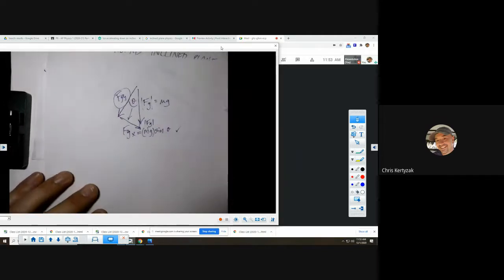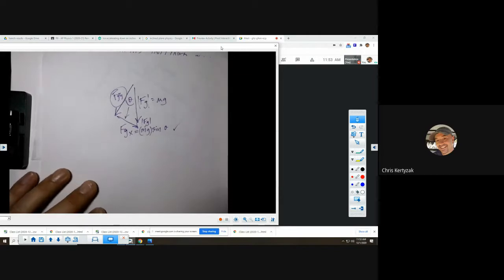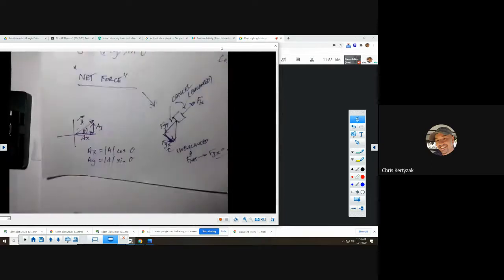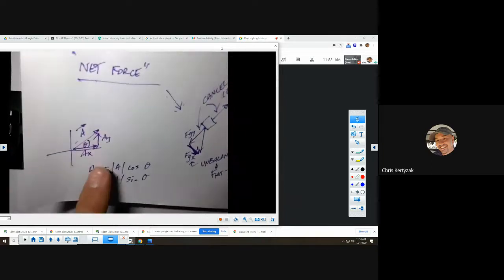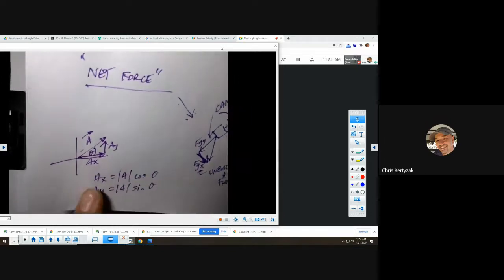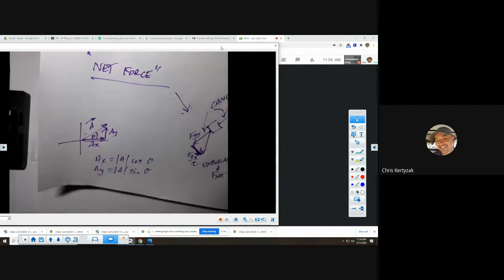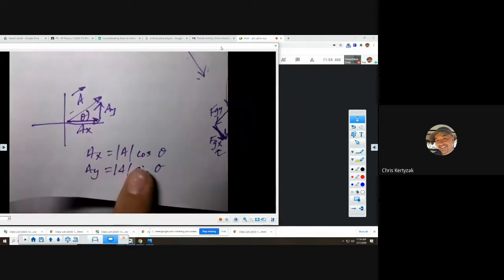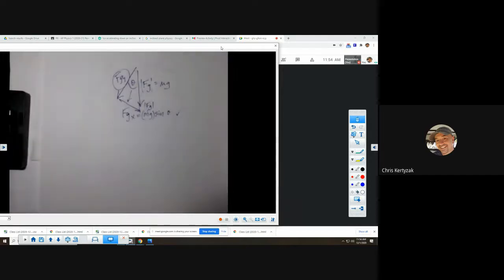So now we have FGY. What would an expression be for it? Well, it's the same thing as we had before. In general, we have to work out whether it's a sine or cosine that matches our component. And it's always the same format, right? The magnitude of the vector times either sine of theta or cosine of theta.